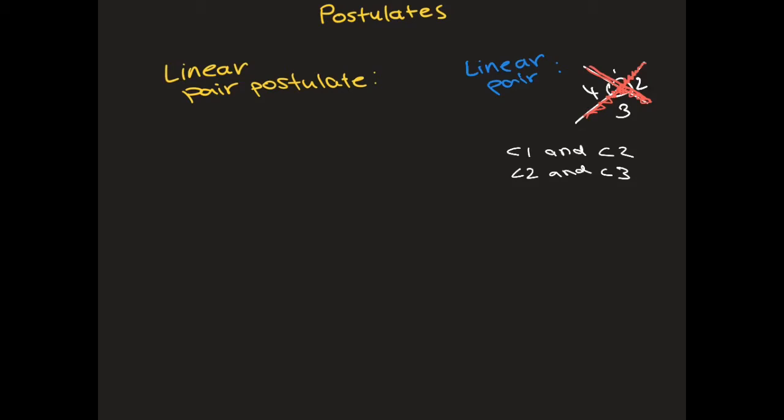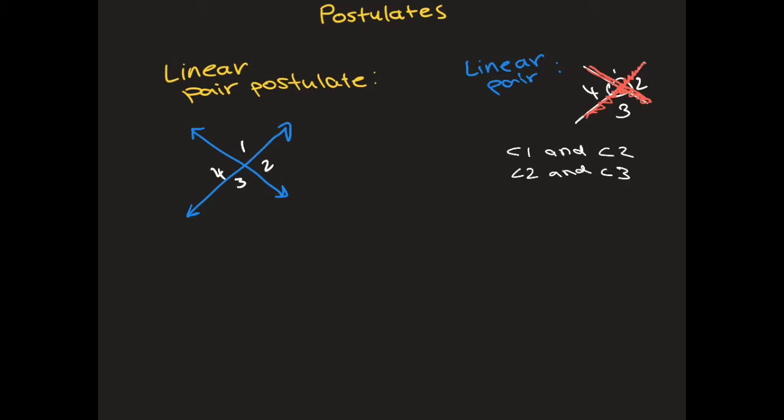Using that information, we can easily solve problems with the linear pair postulate. We'll take one example: one line like this, and one intersecting line like that, creating 4 different angles: angle 1, angle 2, angle 3, and angle 4.